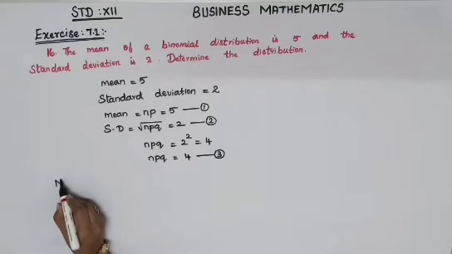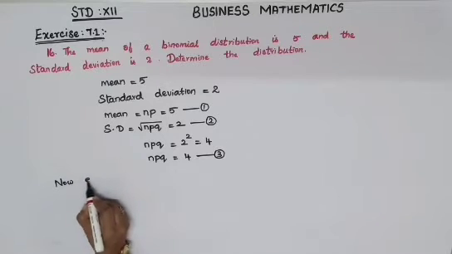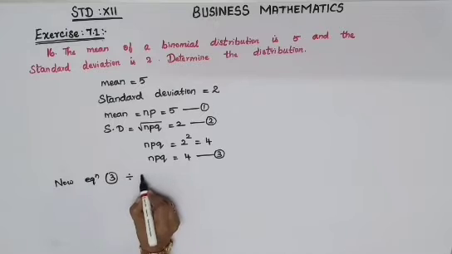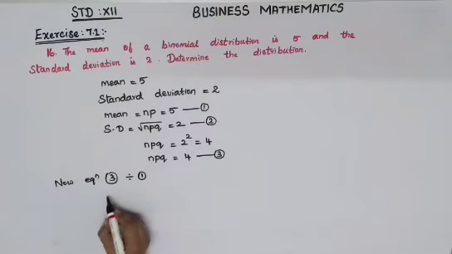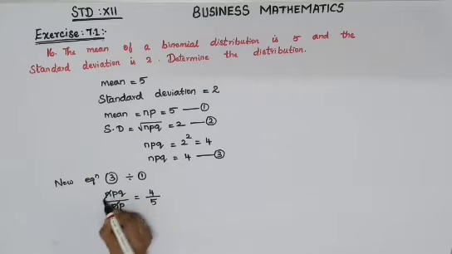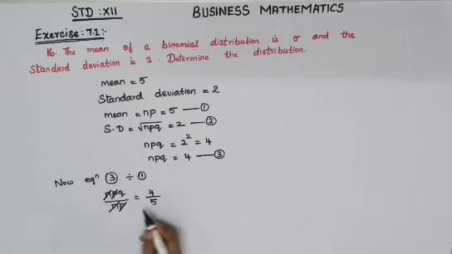Now equation 3 divided by equation 1, that is npq divided by np, which is equal to 4 by 5. So you can cancel n and n, p and p. So you'll get q is equal to 4 by 5.